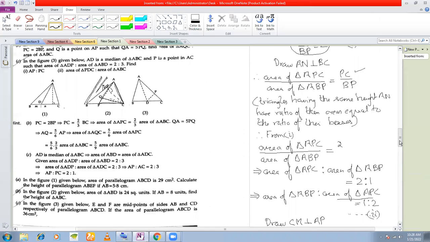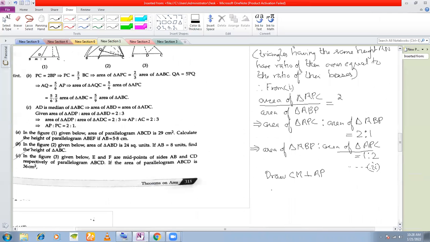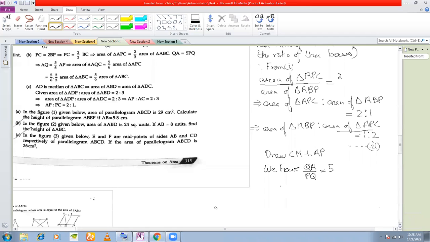So let's write QA by PQ. We have QA by PQ is equal to 5, right? Now if I add 1 to both sides, QA by PQ plus 1, and if I take LCM on the left hand side, I'll get QA plus PQ by PQ is equal to 6, right?